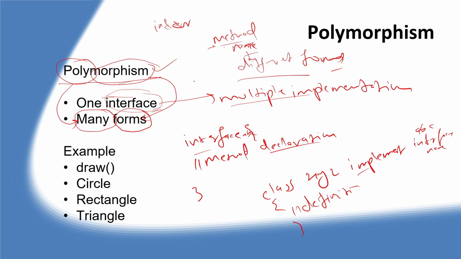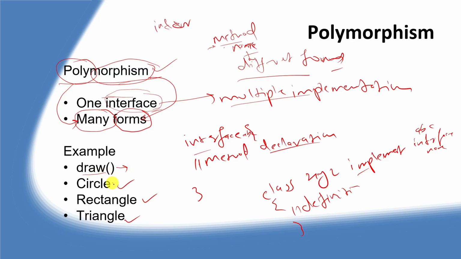Suppose multiple shapes are there, for example circle, rectangle, triangle, and each shape draws differently, right? The method name remains the same. Suppose this is the method name, draw.